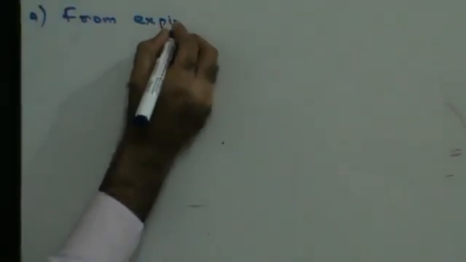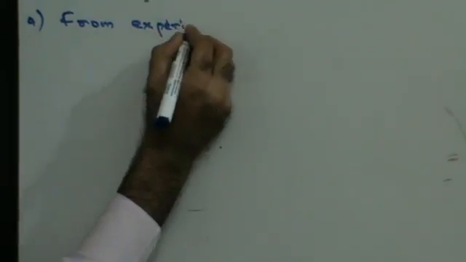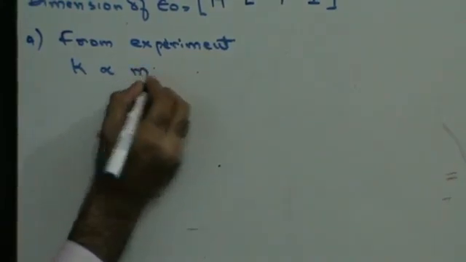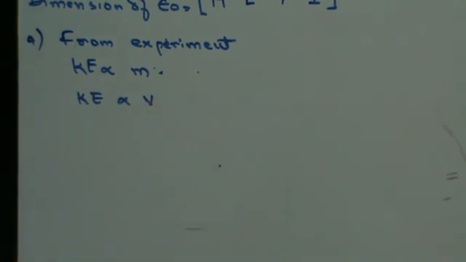Now, from experiment, we know that kinetic energy is directly proportional to mass. Kinetic energy is directly proportional to velocity.